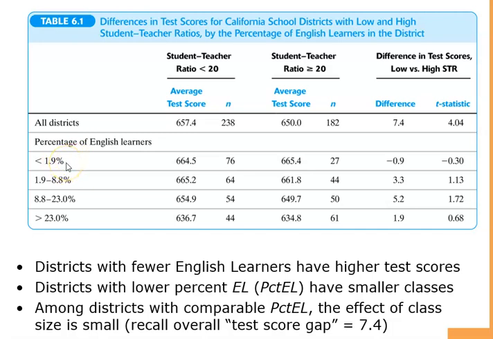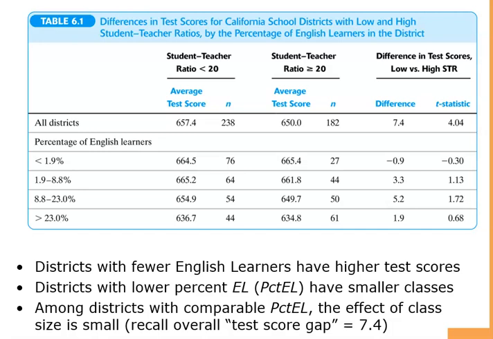On the other side of it, you can also see that there is a higher number of schools with lower student-teacher ratio than the number of schools with higher student-teacher ratio for the districts with the low number of English learners. So both of these situations tell us that both the conditions of omitted variable bias are actually being met over here.